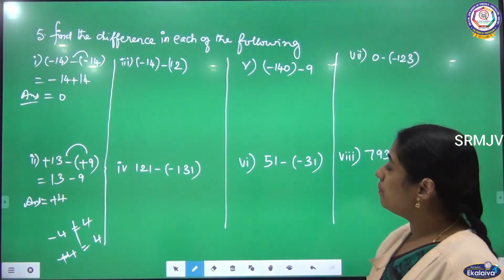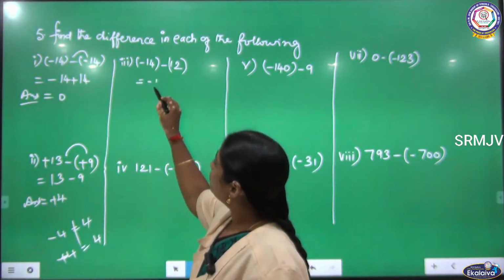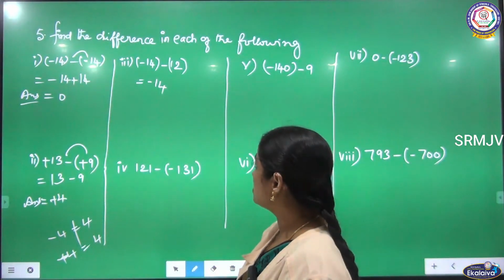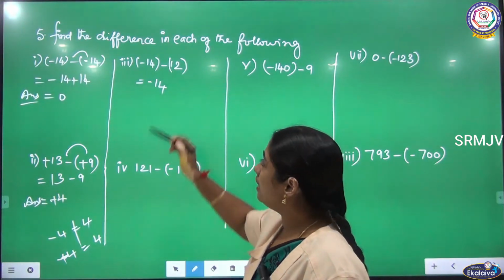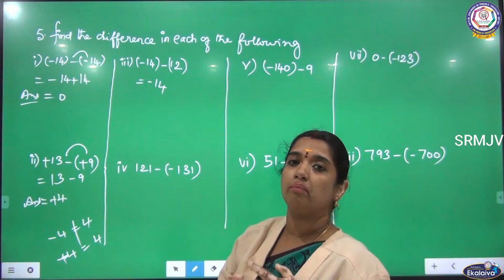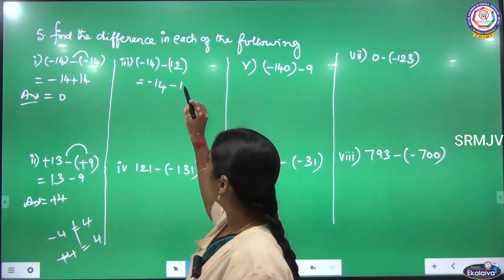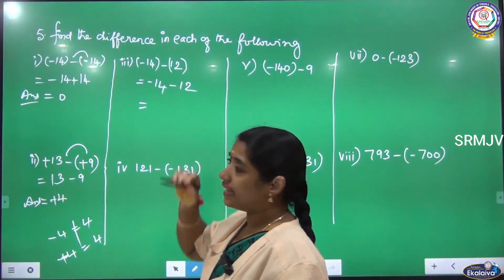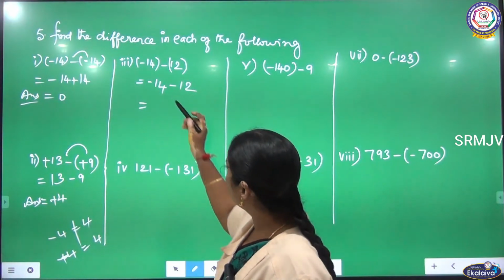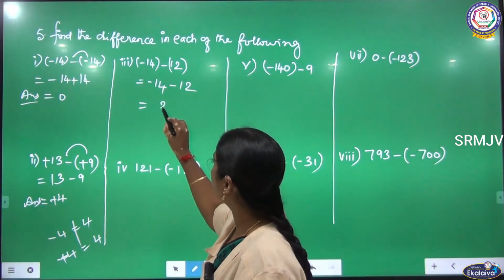When you come to the third sum, minus 14. Remove the bracket and then subtract this. Minus 14, minus into plus 12, which is minus. Minus into plus is minus. Now my signs are the same, so I am going to add this. 14 plus 12 is 26.